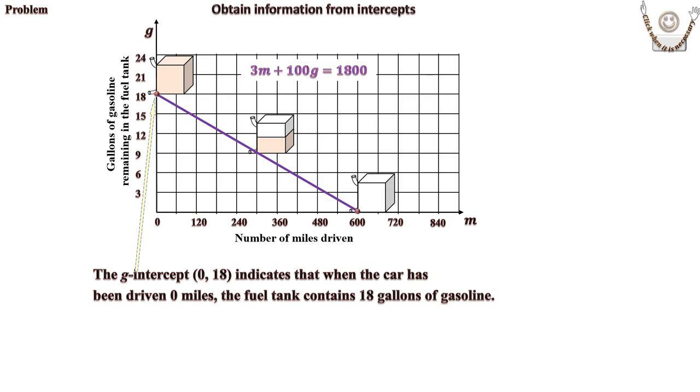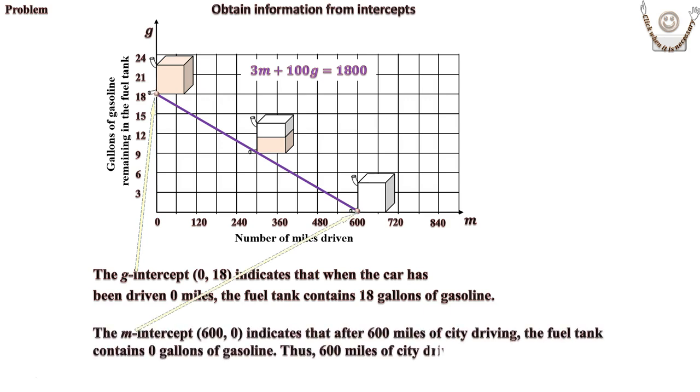And then the m-intercept with coordinates 600, 0 indicates that after 600 miles of city driving, the fuel tank contains 0 gallons of gasoline. Thus, 600 miles of city driving can be done on 18 gallons of gasoline. As you see, this is very interesting information and it's very helpful in our daily life.